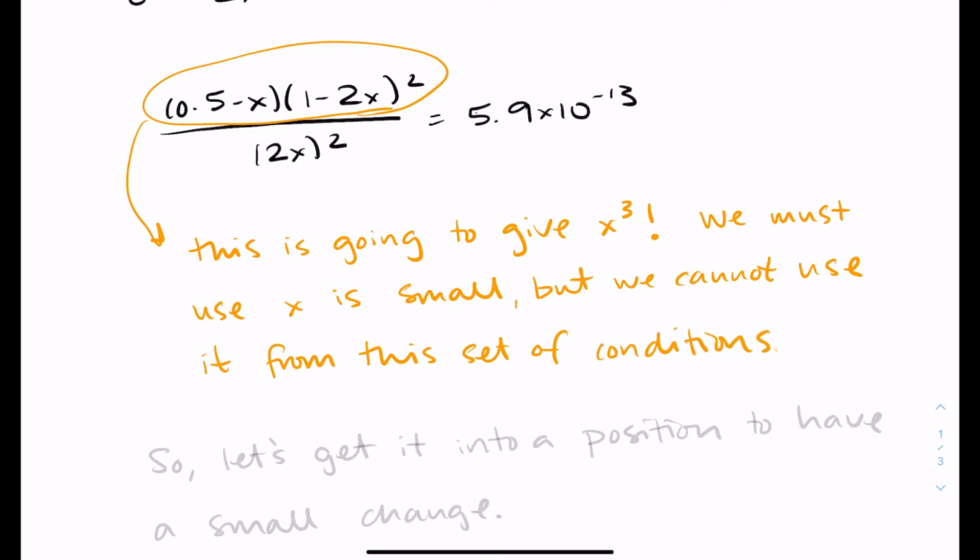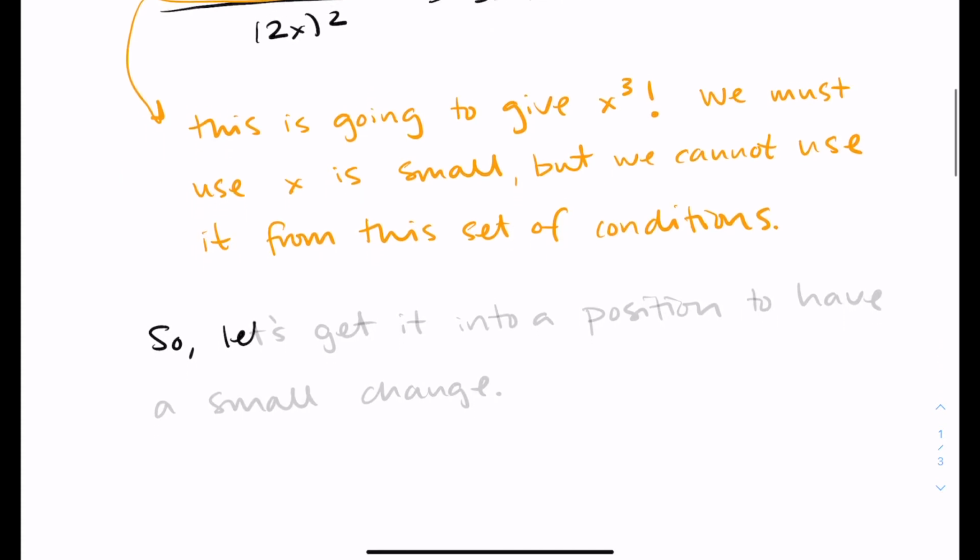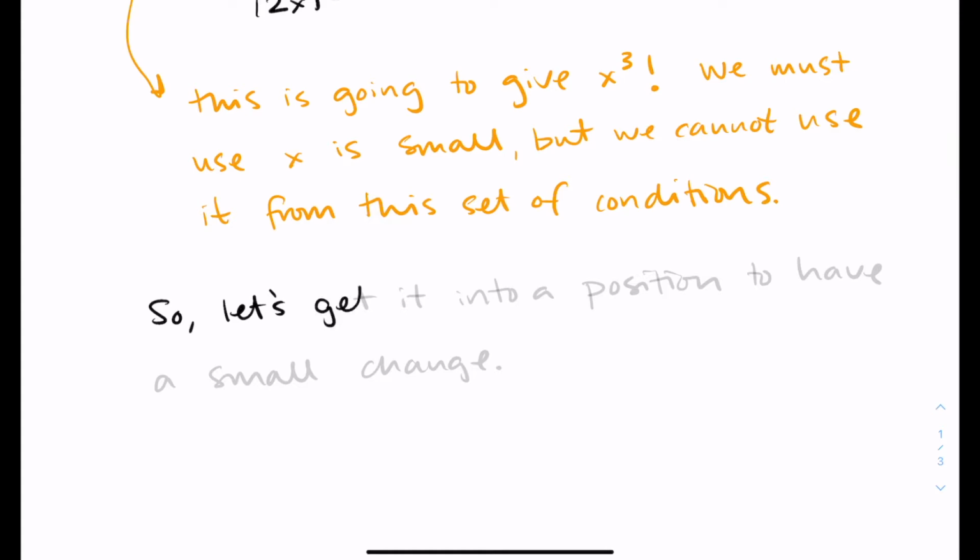So the way that we go about this, now I'm going to show you what it looks like in this one case. You can use it in a lot of cases, but this is just for this example. If I have a small equilibrium constant, let's get it into a position where it will have a small amount of change.